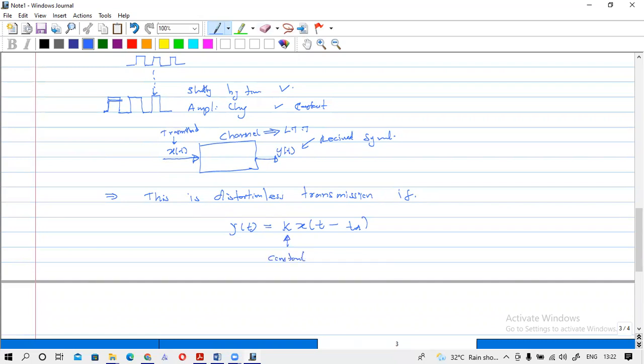K is the amplitude factor, and it can vary the amplitude of the transmitted signal x(t), but that change is constant. And the delay Td also should be a constant. If K is a constant and the delay Td is a constant, we say this is a distortionless transmission.